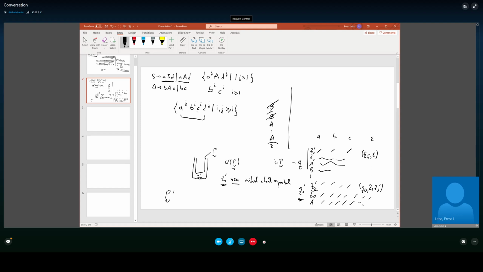So that then guarantees that whenever P, the push-down automaton that accepts by empty stack, clears out its stack, that is precisely signaled when Z0 prime is exposed on top of the stack.